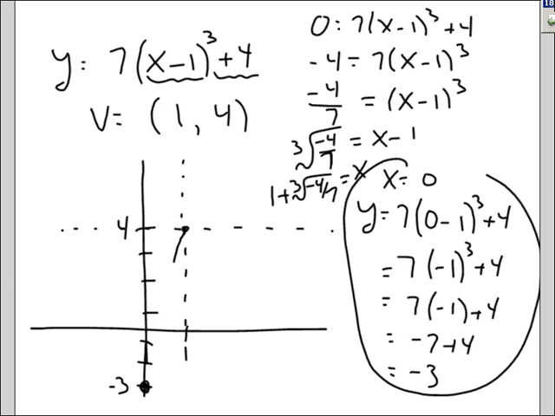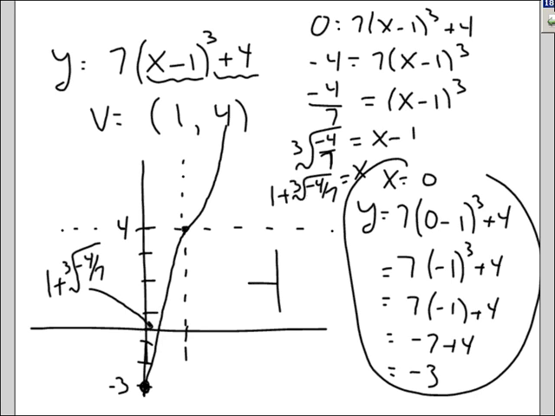So I go down like this, and I try to draw symmetrically up. And this x value is exactly 1 plus the cube root of -4/7. Like I said, you find the new origin and you draw something like that.